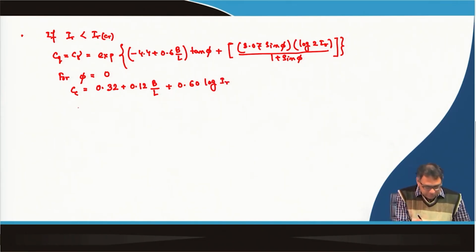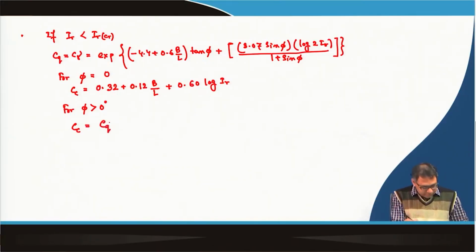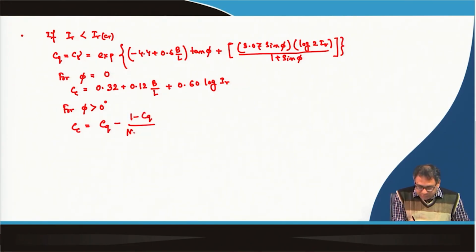For phi greater than 0 degrees, Cc is equal to Cq minus (1 minus Cq) divided by Nq tan phi.